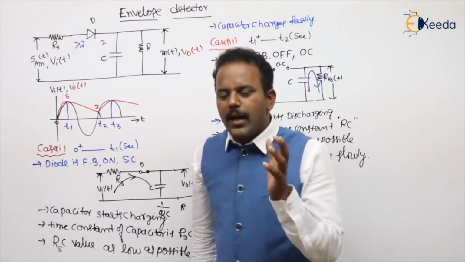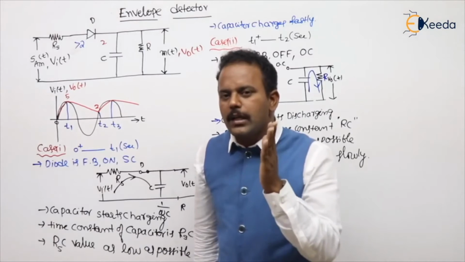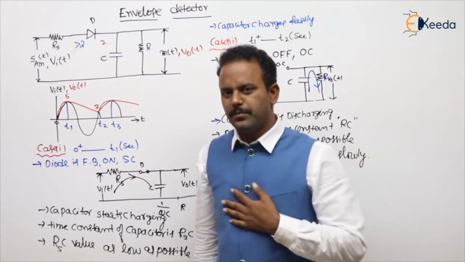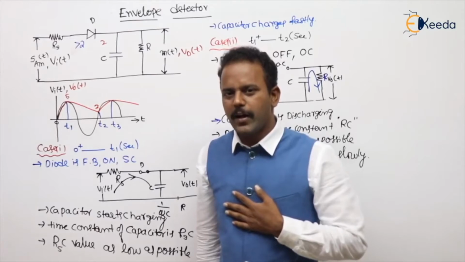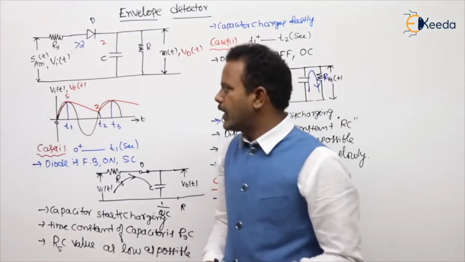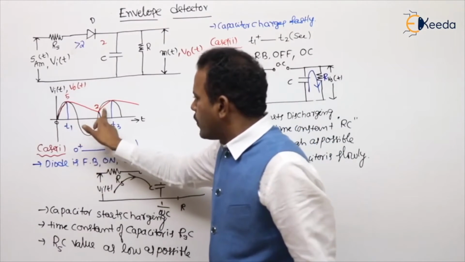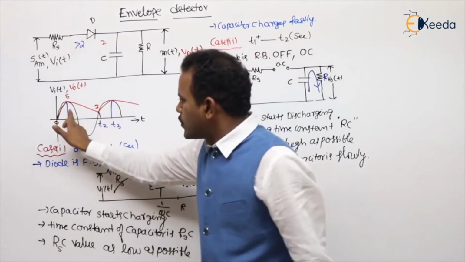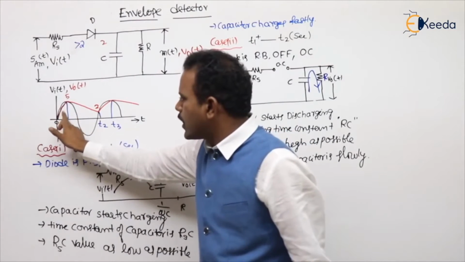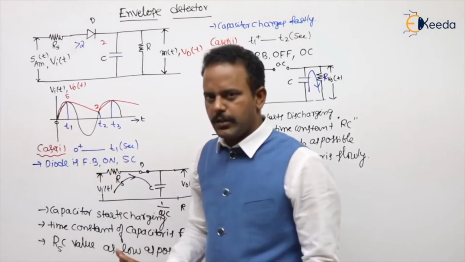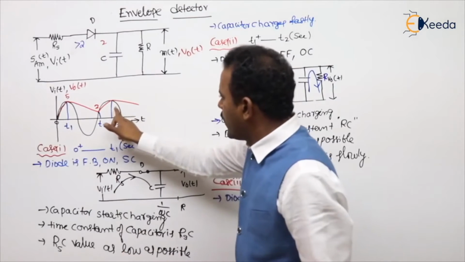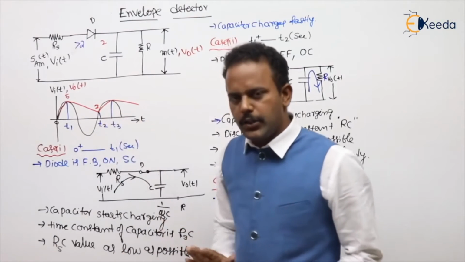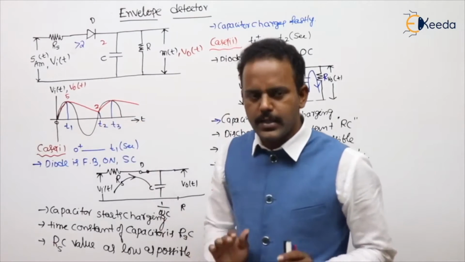So if that gap is very small, you will get only those positive peaks. Are you understanding my point or not? So the only point you need to understand is that it works only in the positive cycle. In that positive cycle, before the peak value, charging; after the peak, discharging. The second cycle also: before the peak charging, later discharging. That is the point you need to understand. Follow.